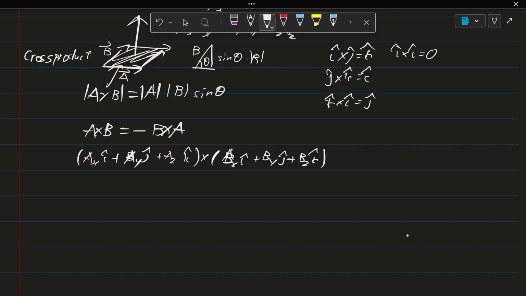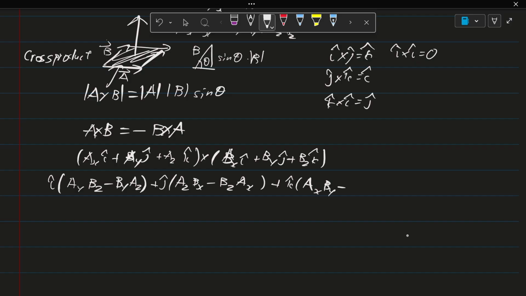So if you express everything out, it will form into i hat of AyBz minus ByAz, plus j hat of AzBx minus BzAx, plus k hat of AxBy minus BxAy.